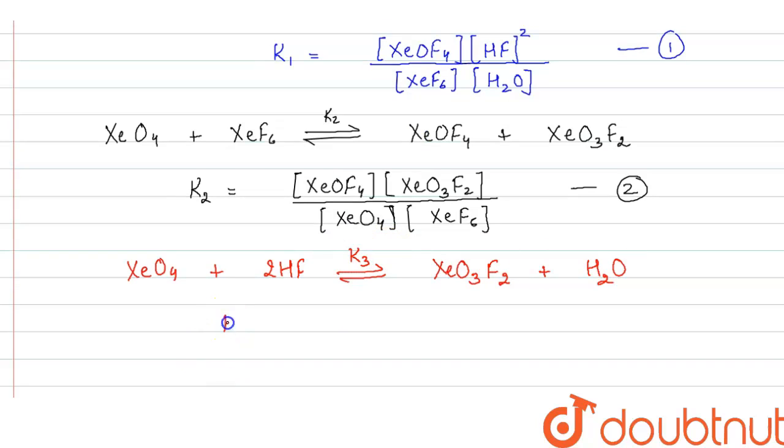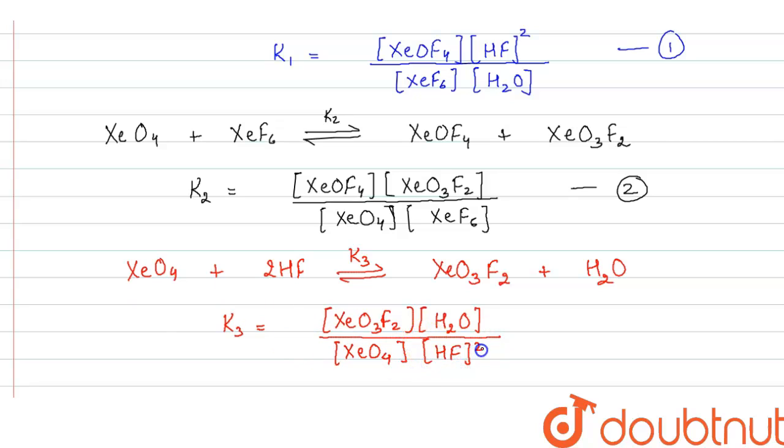So the expression for K3 will be equal to concentration of XeO3F2 into concentration of H2O, as these are products, divided by concentration of reactants, XeO4 into concentration of HF raised to the power 2, as 2 is the stoichiometric coefficient of the reactant HF.